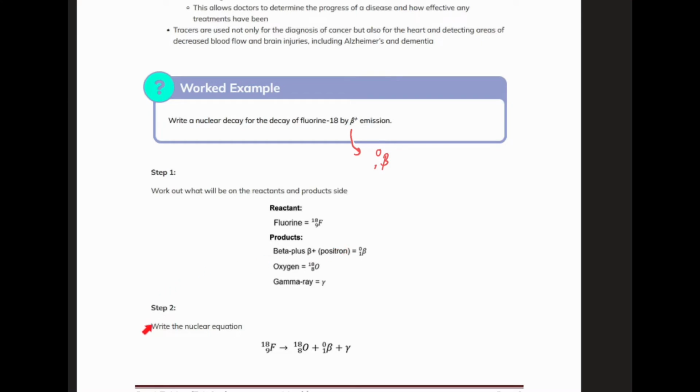Now step 2, we write the nuclear equation this way. As you can see here, the reactant fluorine 18, 9 becomes oxygen 18, 8 plus positron plus gamma ray. So this is the equation that represents the nuclear decay.